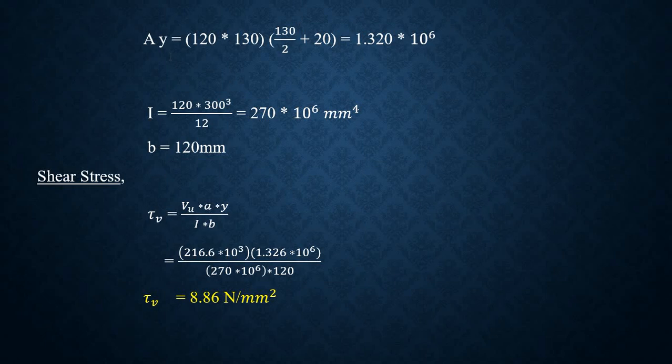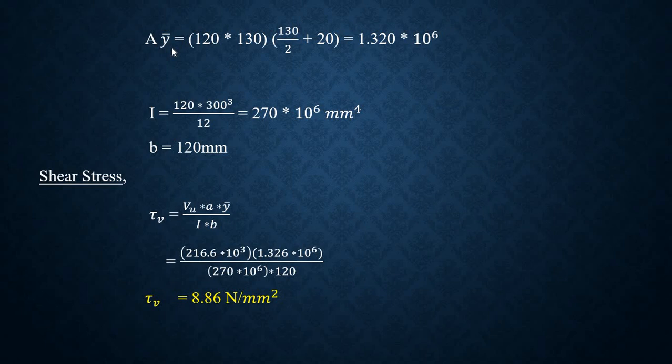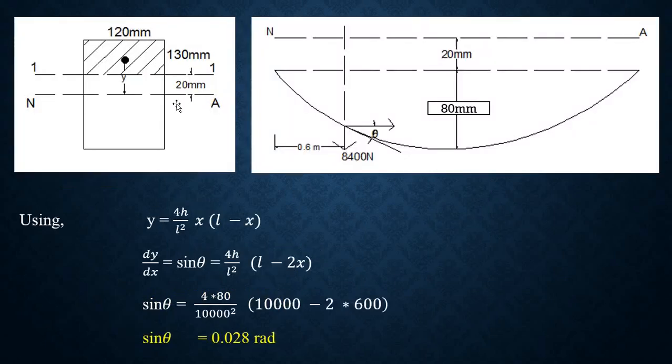Next is A Y bar. I have just corrected it. What is this A Y bar? It is the static moment of area. How to calculate this? Go to the diagram, the second one.